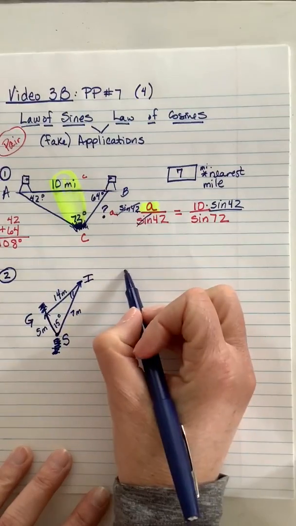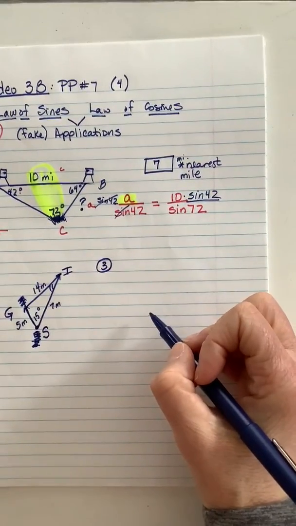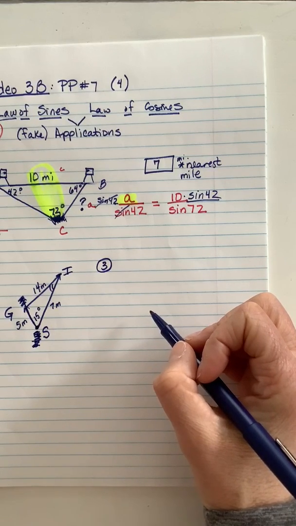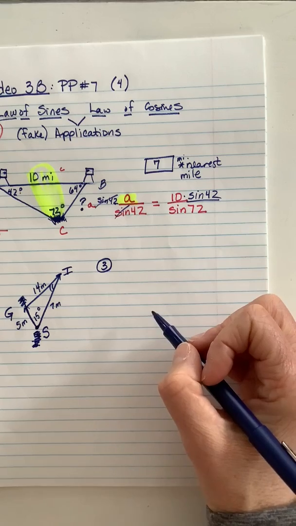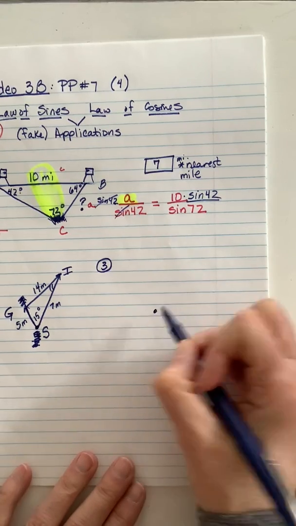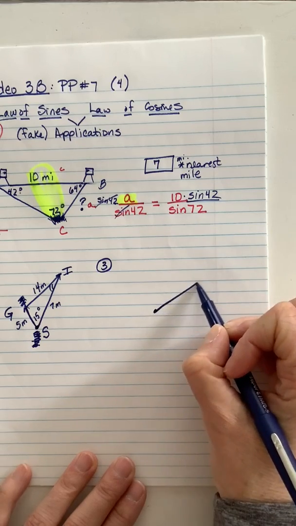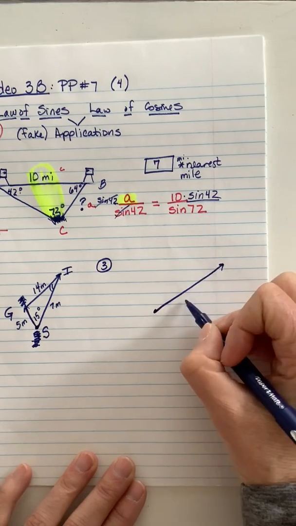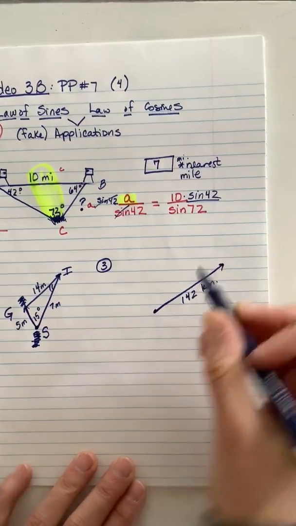Another one might be, let's see, what about 2 ships? This is one of my favorite ones. 2 ships are going to be leaving from port. Let's say that one travels some distance, maybe 142 kilometers.